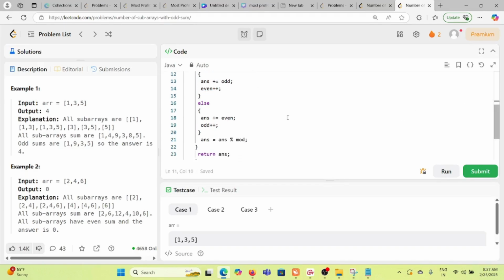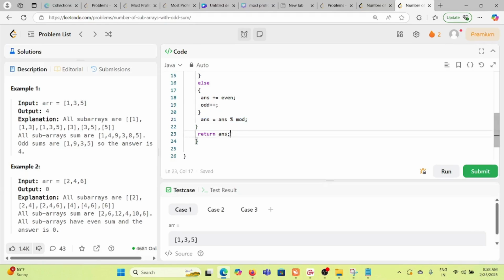Otherwise this would be an odd number. In this case we do answer equals answer plus even. So we are looking for opposite parity and we increase the count of odd, and at every step we make answer equal to answer modulus of that mod value, so that overflow would not be there. Finally we return this answer.